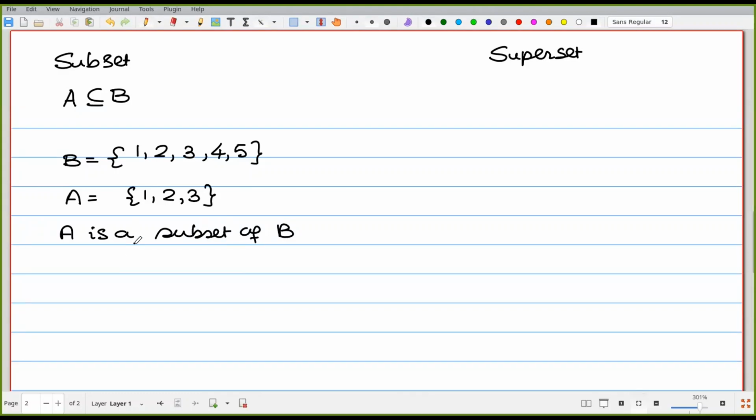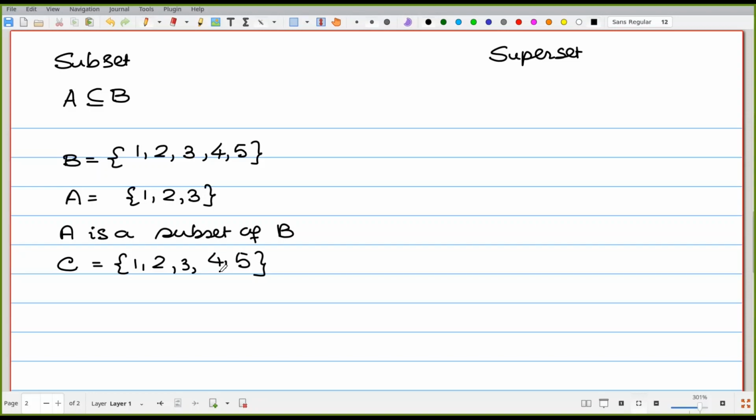Once again, some elements have been taken from B and A has been formed. Now, it may happen that all of the elements are taken from B. So suppose C is equal to {1, 2, 3, 4, 5}. All the elements of set B have been taken and the set C has been formed.